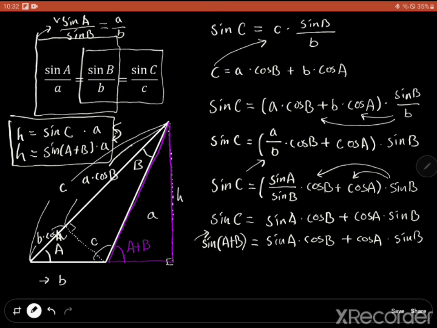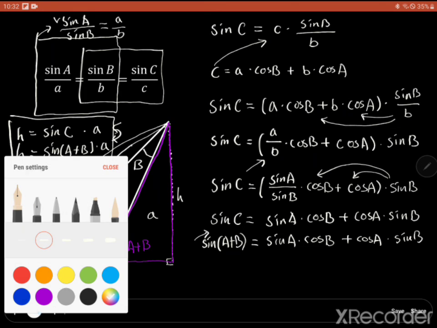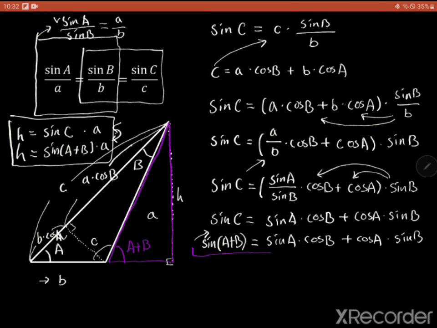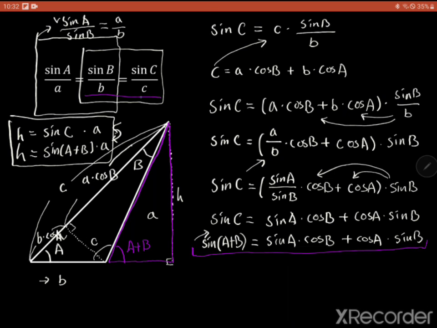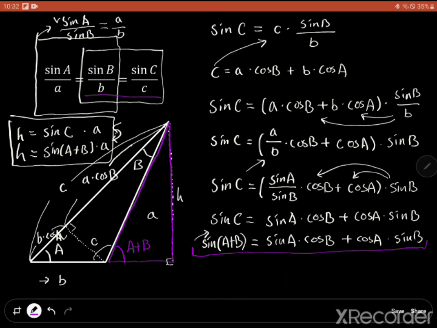All right, so that's all for this video, but let me quickly summarize what's been happening. In order to get the angular addition formula, we simply take the law of sines, but at first we took one of the sides and wrote it with respect to sine c.